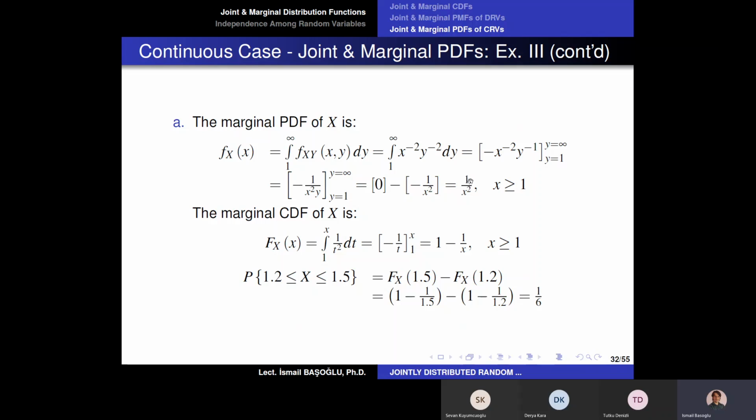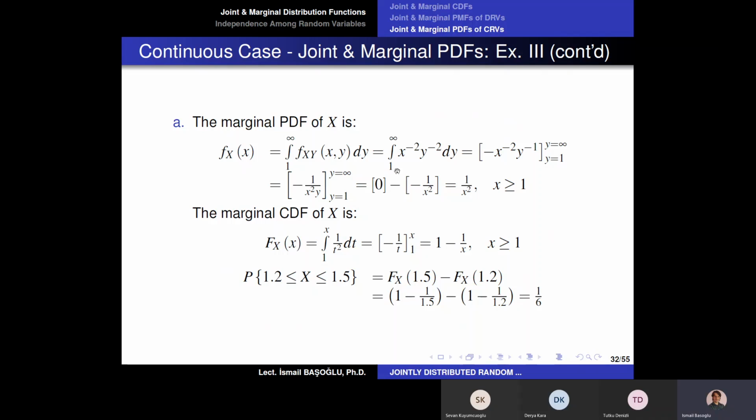So 1 over x squared is the marginal PDF of x, for values which are greater than or equal to 1. Now I am going to compute the marginal CDF of x. How do we compute that? Remember, now if I have the marginal PDF, the marginal CDF of x at x is the probability of X to be less than or equal to x.